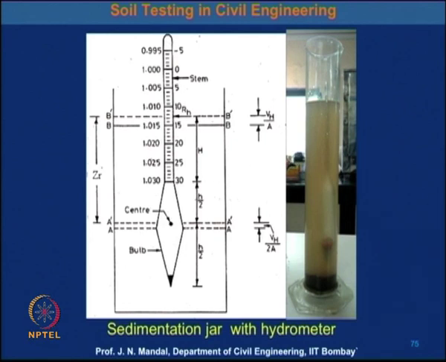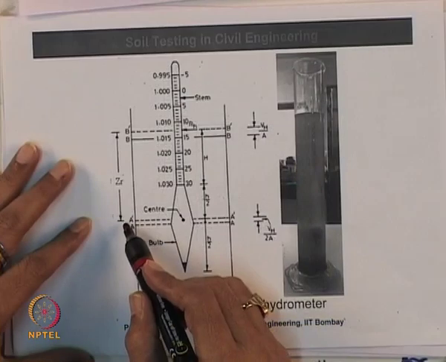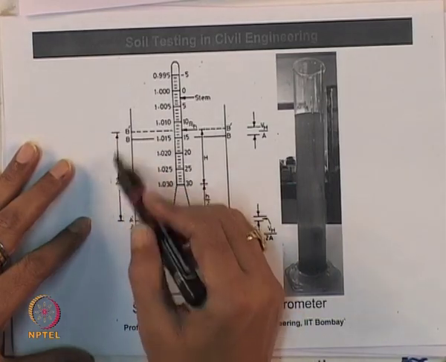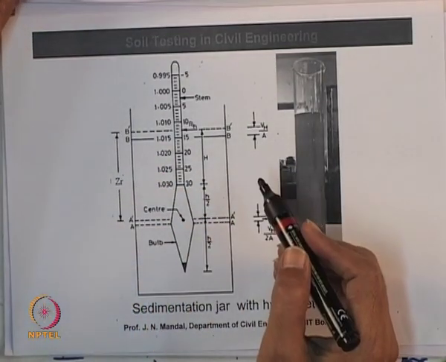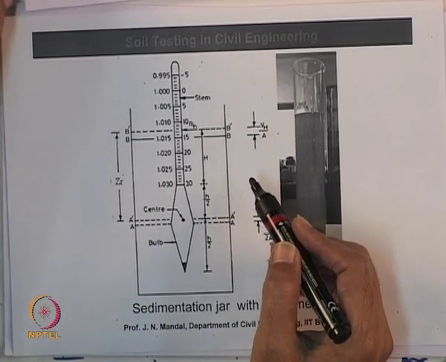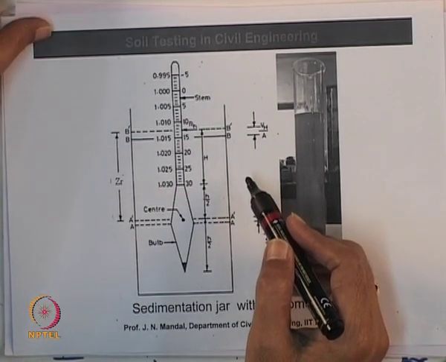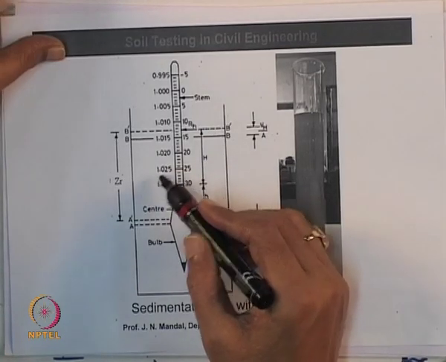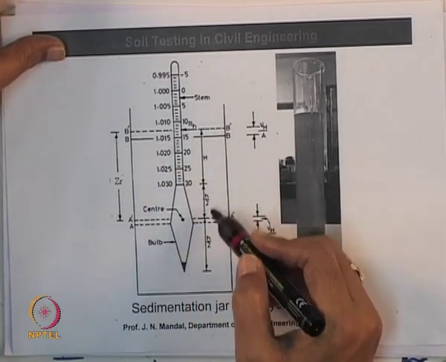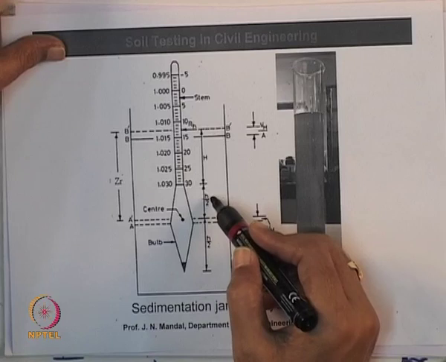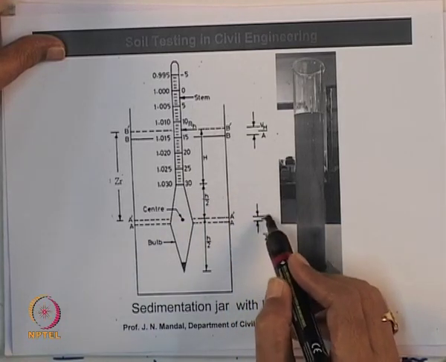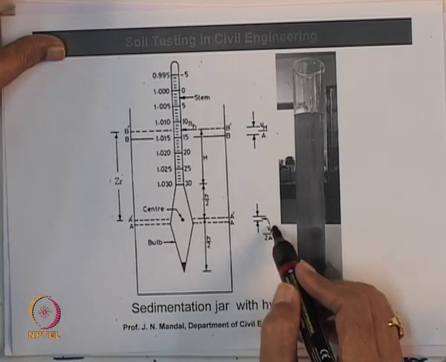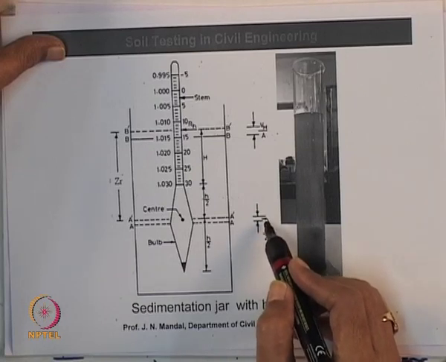Here I can tell you that from here to here, this is ZR. So this ZR is equal to this H1 plus H by 2, minus VH by 2 of A.